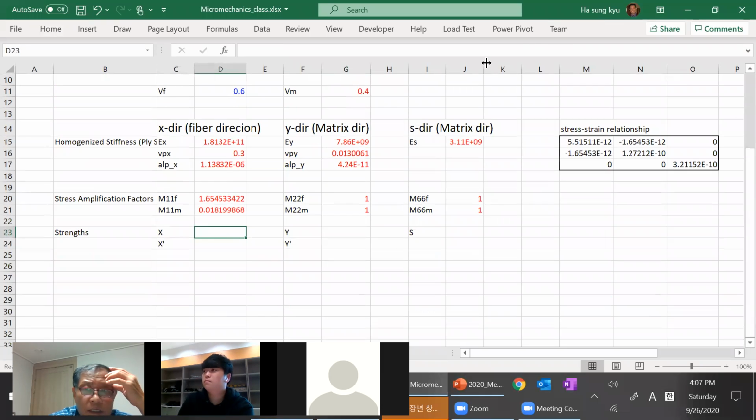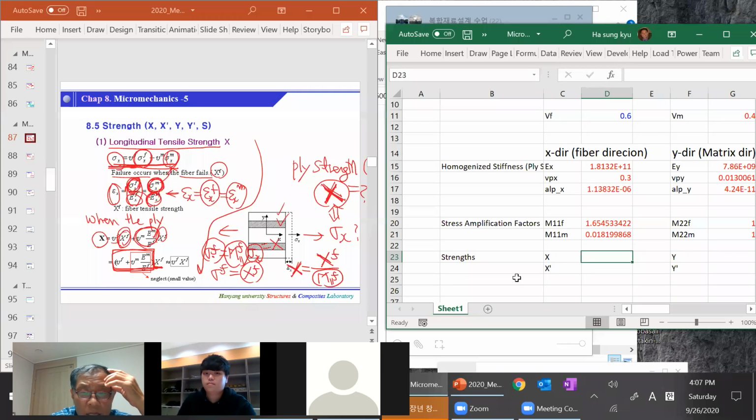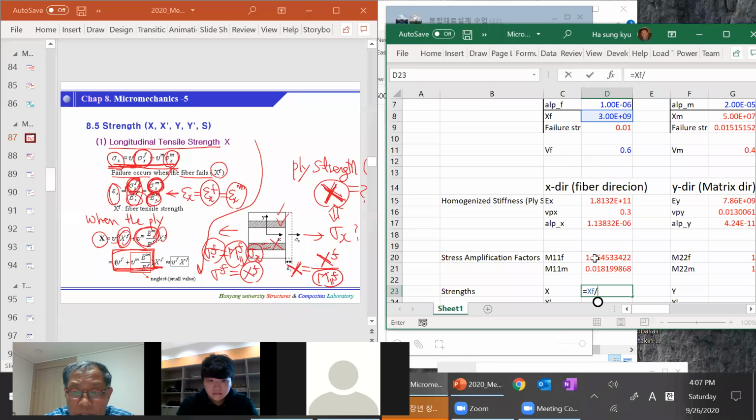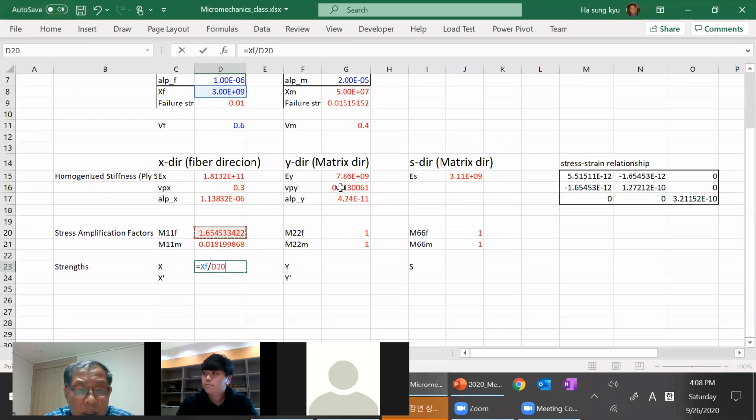So X is given as what? X is now 1 equal XF. XF is this one. Okay, divide by the M11F is this one. Didn't assign the name yet.